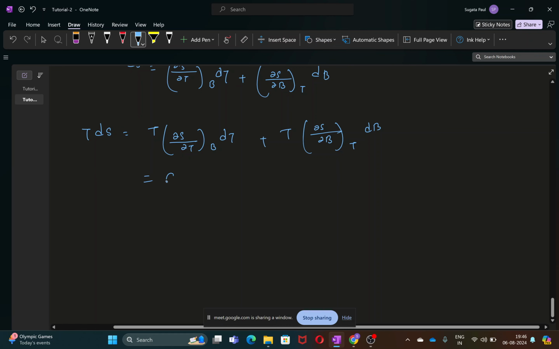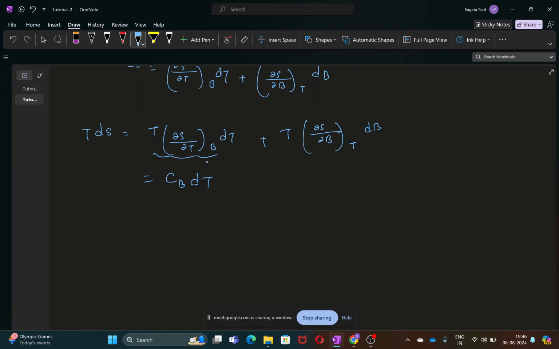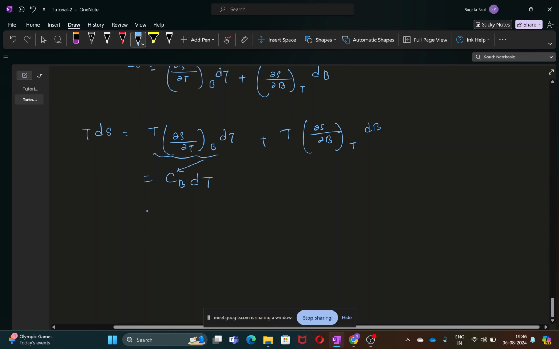This first part you are familiar with, that this is the specific heat or heat capacity definition, T times del S del T, where the constant variable here is B, the magnetic field. So you write it as heat capacity at constant magnetic field, CB. So it is CB dT. Like you have CV dT or CP dT, where they mean respectively heat capacity at constant volume and at constant pressure. Similarly, here we write down heat capacity at constant magnetic field.